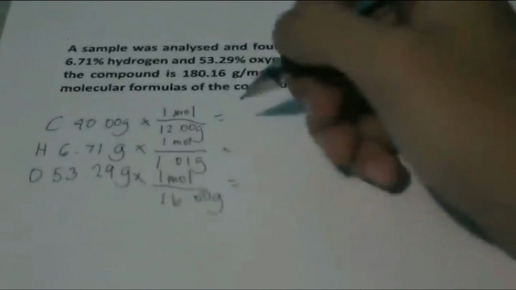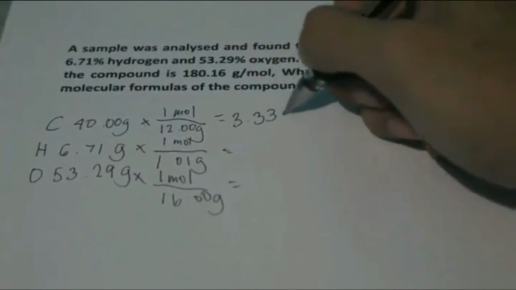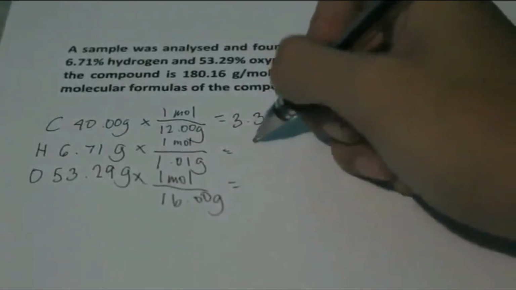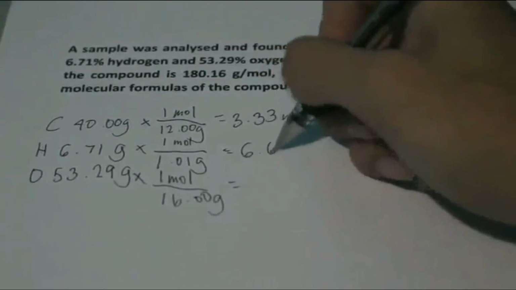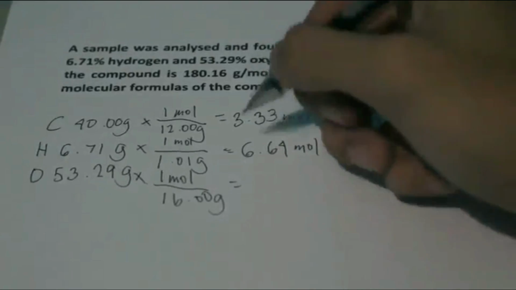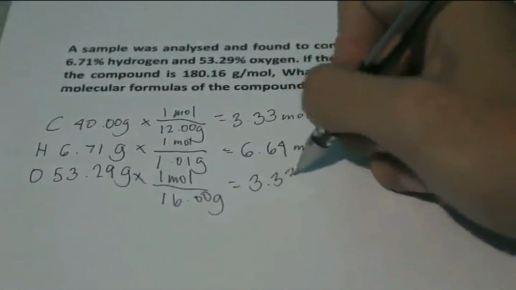The answer for carbon is 3.33 mole. Hydrogen is 6.64 mole. And for oxygen is 3.33 mole.